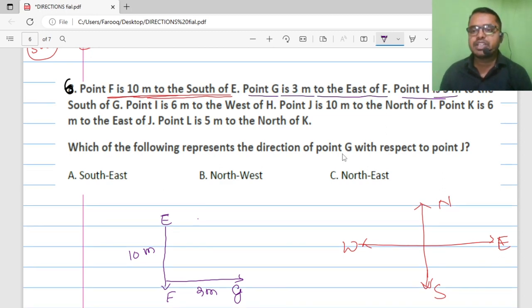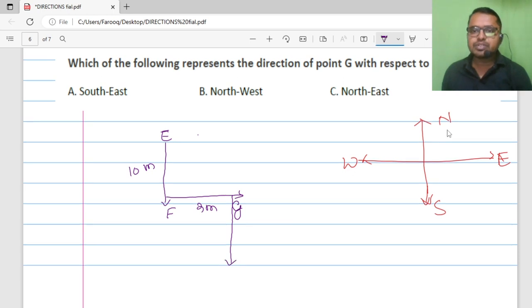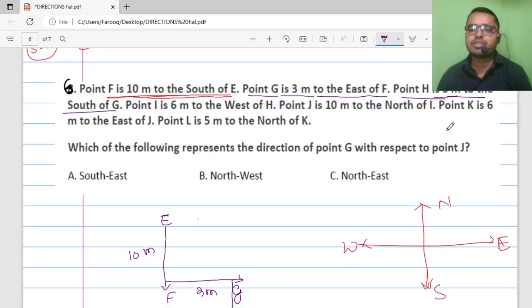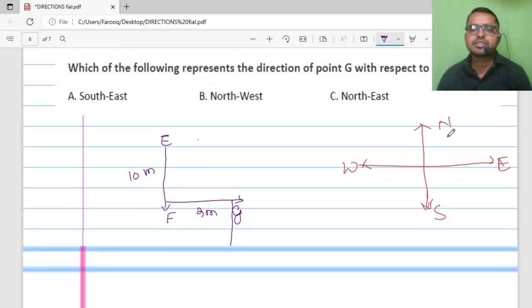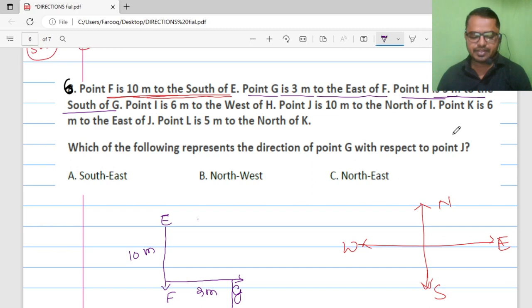Point H is 5 meter to the south of G. South of G is below here. That is 5 meter, H. Yes.